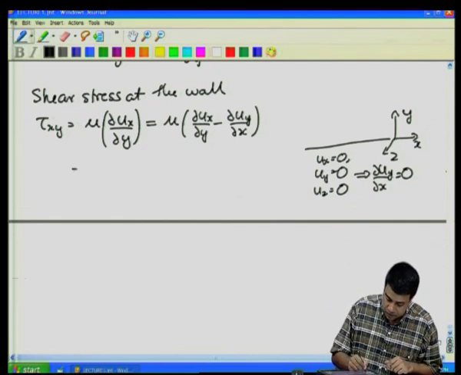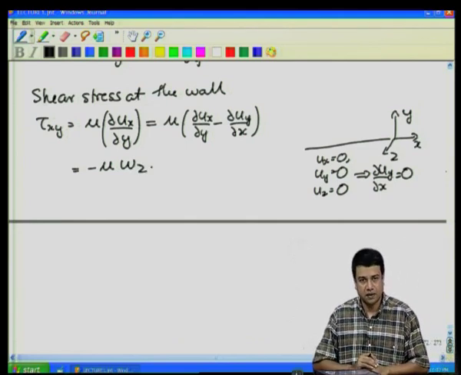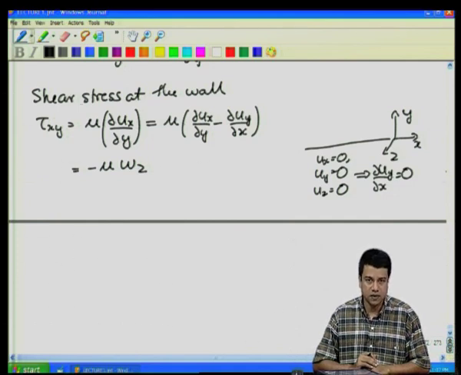This of course is equal to minus mu times omega z, because you know that omega z is equal to partial u y by partial x minus partial u x by partial y.